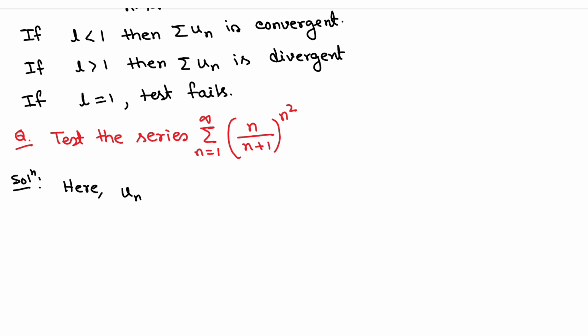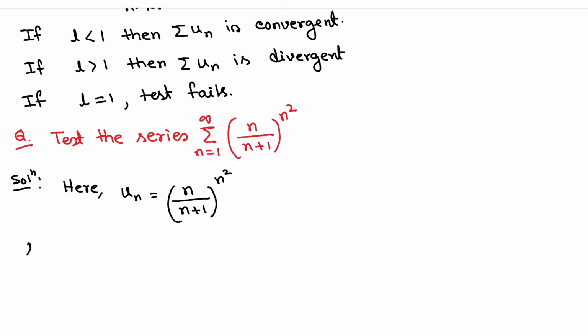Here un equals to, obviously this is in standard form, so n by n plus 1 whole to the power n square. I have told you, if un is in some power of n, or you can say if the power of un is a variable of n, natural number n, then you can use Cauchy root test. So obviously here power is n square, so obviously we can use Cauchy root test.